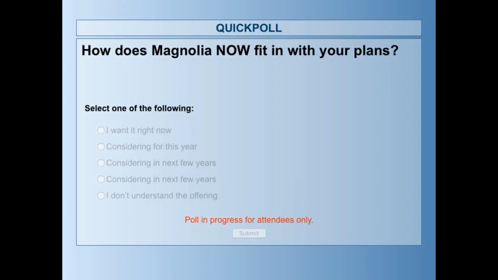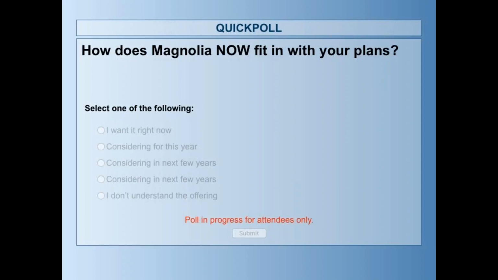Just while you're completing that poll, I can perhaps update you regarding the status of Magnolia Now. It's a common question. Basically, Magnolia Now is currently in a closed beta status. What that actually means is that we are looking to work very closely with any of you who are interested in using this product.